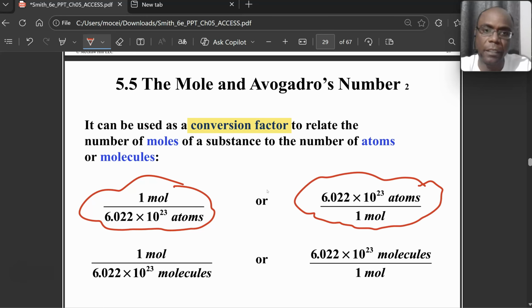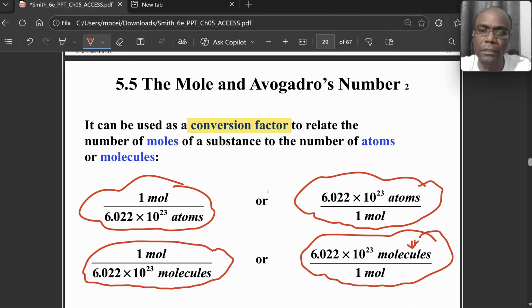Or you solve for the mole equivalent given a number of molecules, or solve for number of molecules given an amount of moles of that molecule. So it's very important for us to know these 4 relationships, because you're going to use them a lot from now onwards.